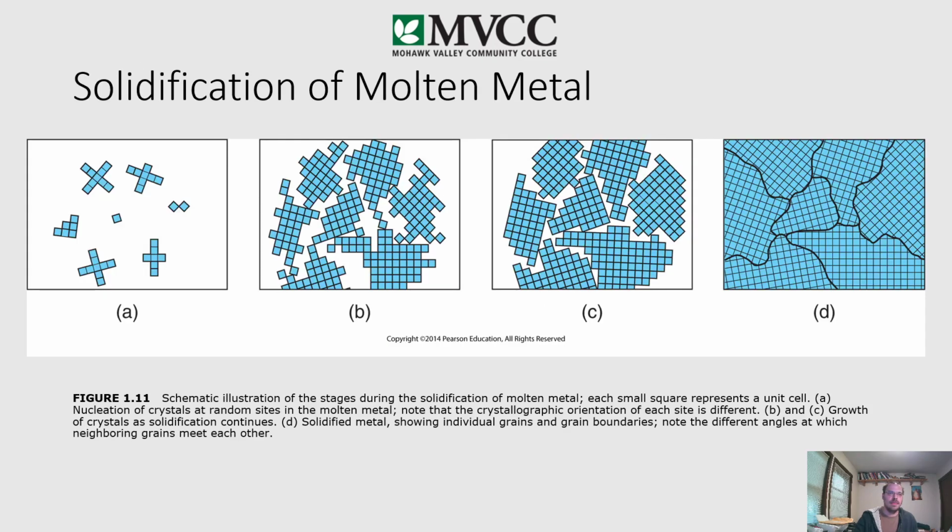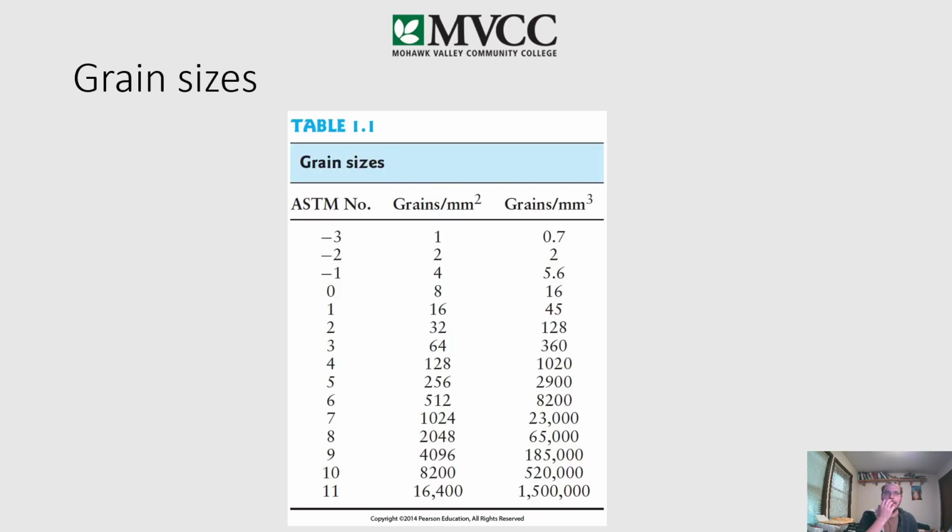Now, as I mentioned, depending on how long we hold that temperature, we can actually grow those crystals. And we also look at crystal size. So crystal size is actually a standardized number format. And we're not going to get too far into this, but this is something that's done in manufacturing, right?